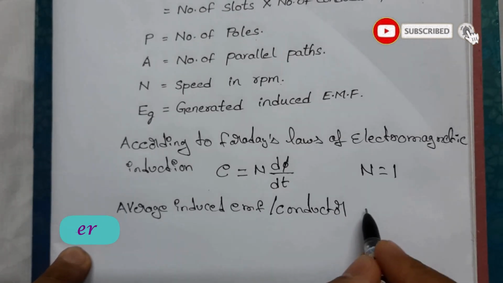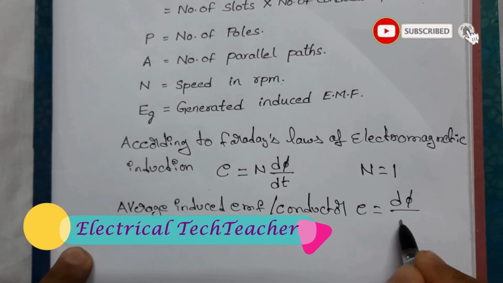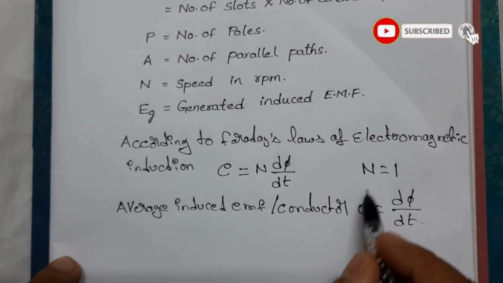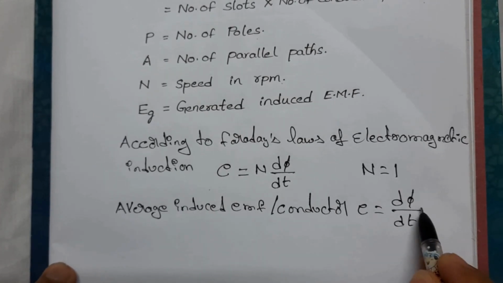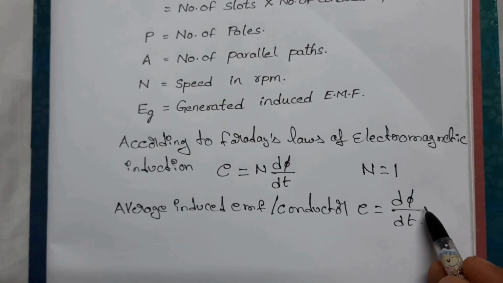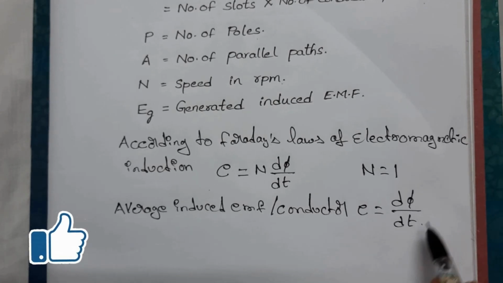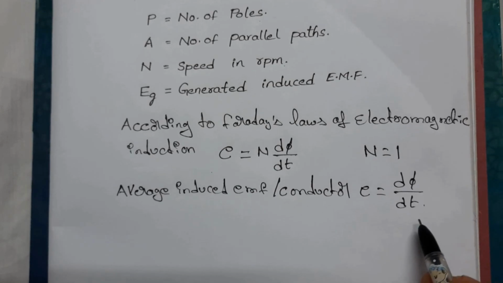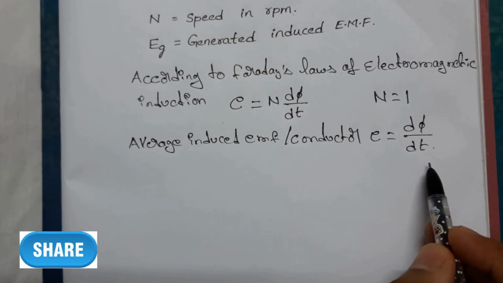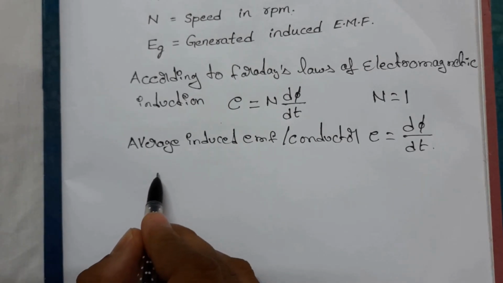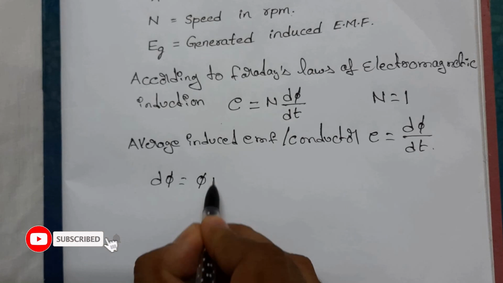Let us assume N equal to 1. So the average induced EMF per conductor equals dΦ by dt, where dΦ is the change in flux and dt is the change in time. The change in flux dΦ equal to ΦP Webers.